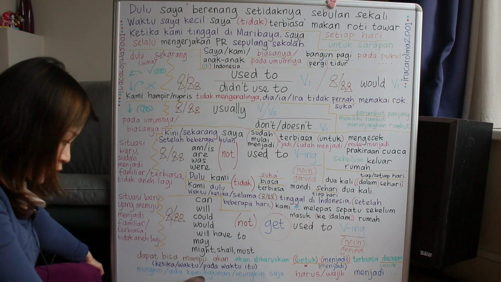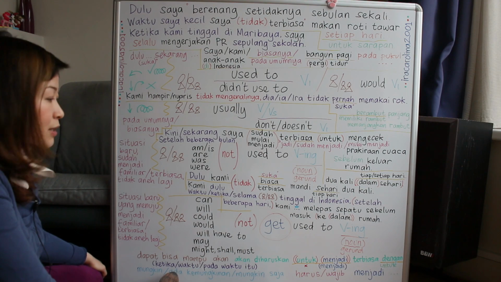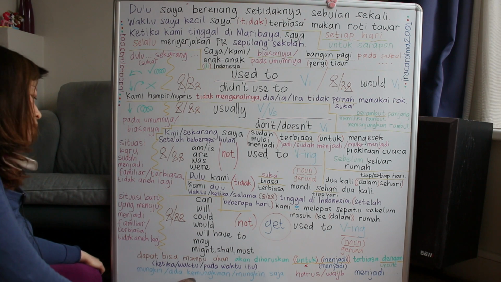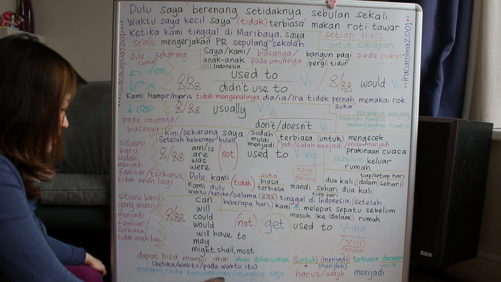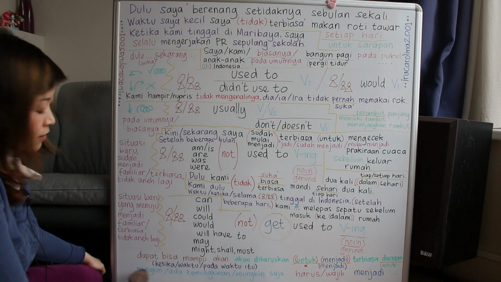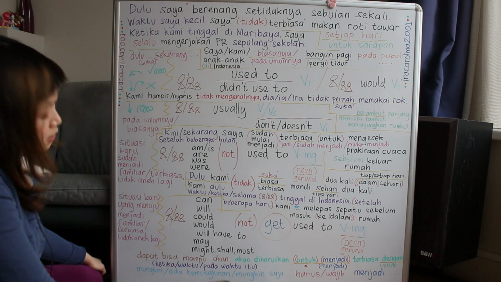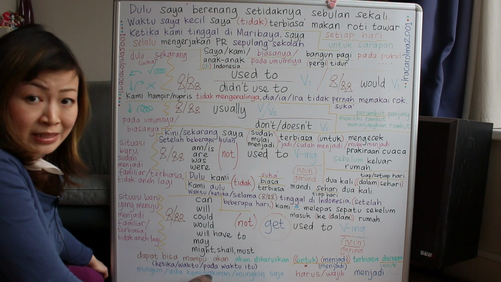Ada kemungkinan, ada is there or there is. If you add the prefix ke and then suffix an to this mungkin or maybe, it becomes a new word. It means possibility or possibilities.